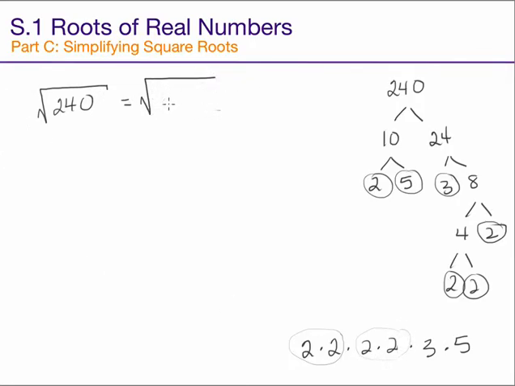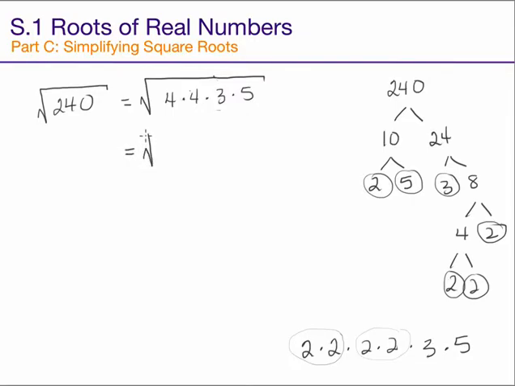So one way to write 240 is 4 times 4 times 3 times 5. Why did I multiply these and not these? I was looking for pairs of numbers because 2 times 2 is 2 squared, or 2 times 2 is 4.